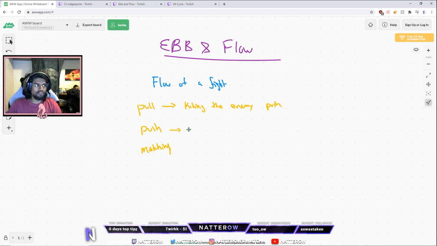Pushing is you're literally just pushing into the enemy team. And then matching is you're both pushing into each other at the same time.